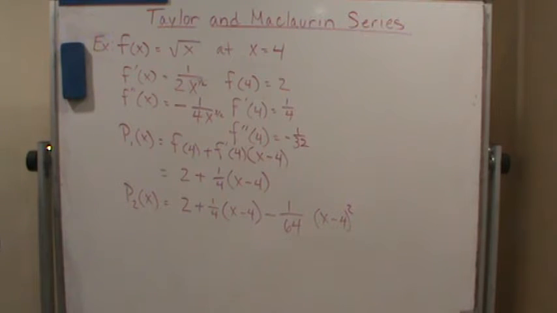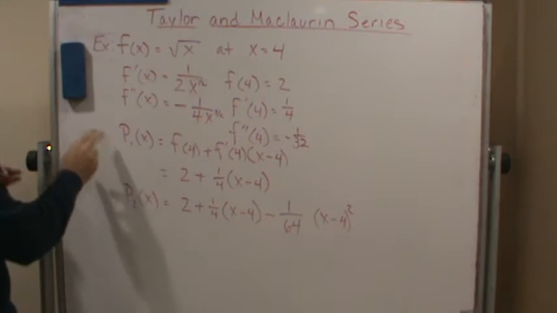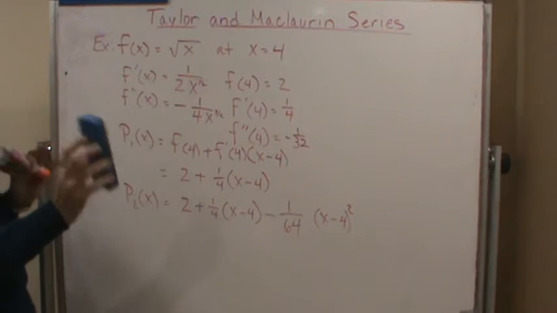Now, just like in the last problem, they want us to use these Taylor polynomials to estimate the square root of 6, and then use Taylor's theorem to bound the error. Let's first estimate the square root of 6.